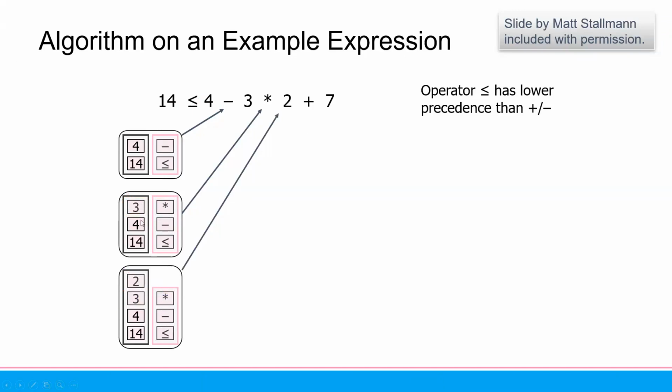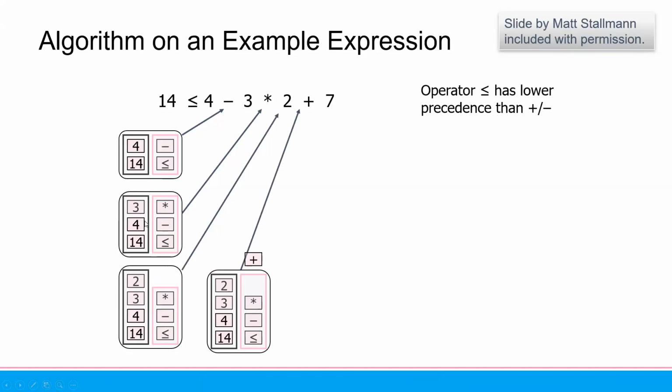What we will do here is, before we adding these two, the 2 will be multiplied by 3. Now it becomes 6. And then we will add the operator plus.